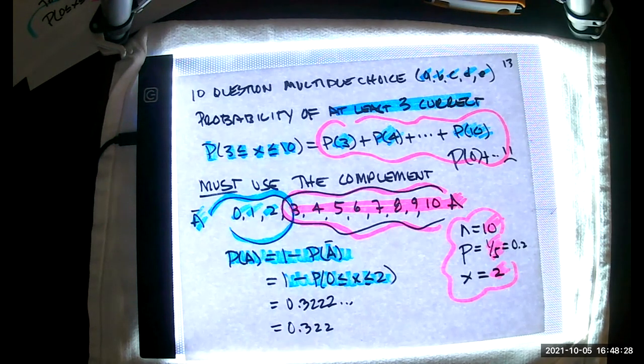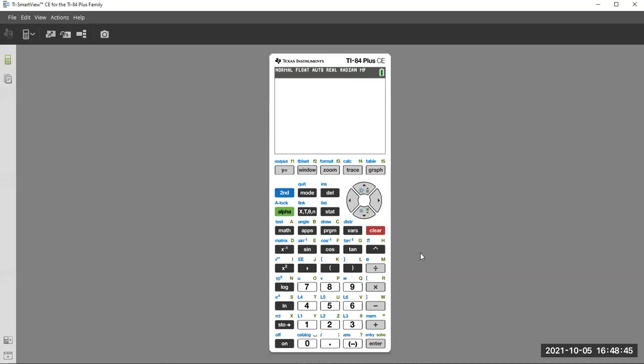Let me come over to my calculator. And I'm going to point out that this is how you want to do it, by the way. You want to do it in a single calculation. So literally 1 minus. Then you come and you pick up your distribution.